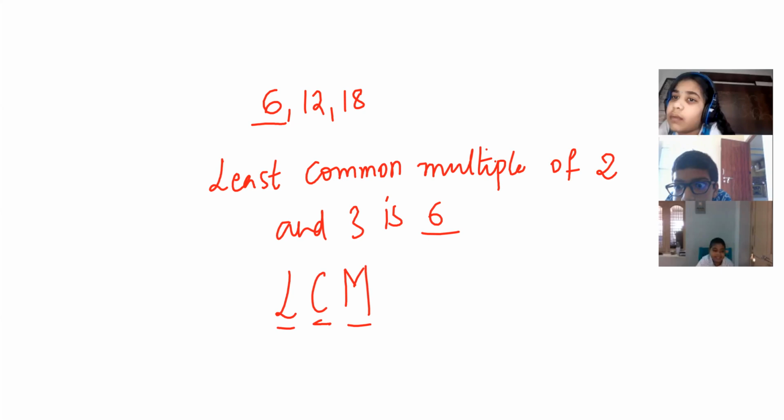See, here we have found the actual concept. Here we knew about the actual concept, how to find out the common multiples, and among those, how to find out the least common multiple. Now we have another method also to find out the LCM.